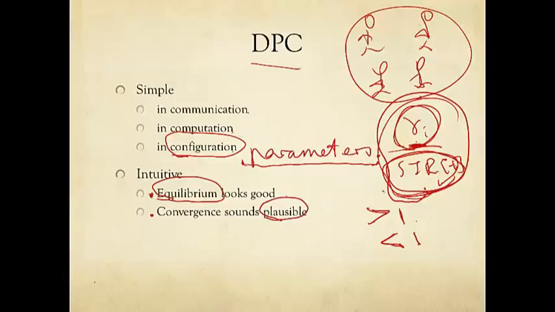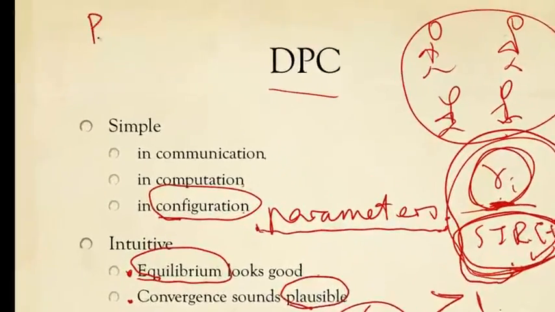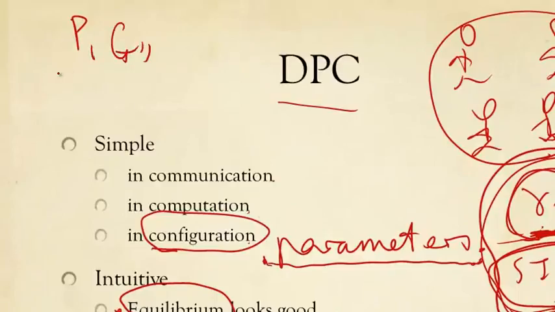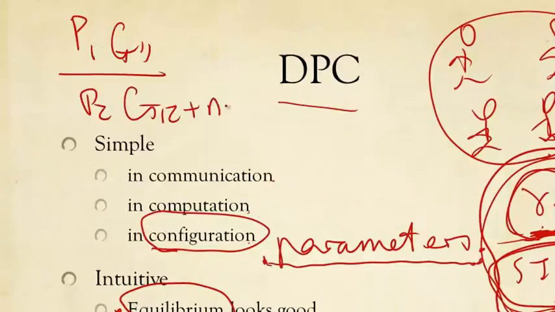Now, proving that convergence will happen is not easy. In fact, convergence may not happen. You can run this algorithm and it doesn't stop at all. And that's because if everybody requires a very big gamma, gamma 1 is big, gamma 2 is big, then maybe there's no way to achieve these gammas. You can run the simple example, right? I want P1G11 over P2G12 plus N1 to be really big.